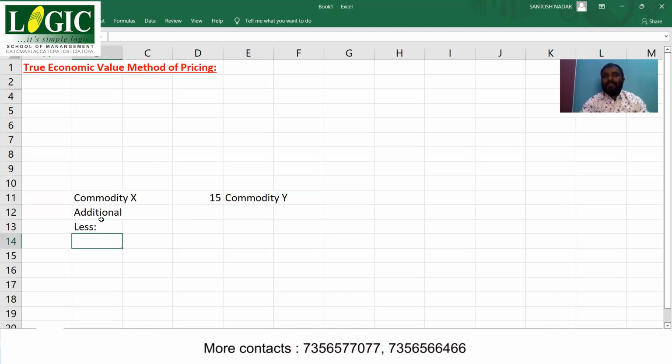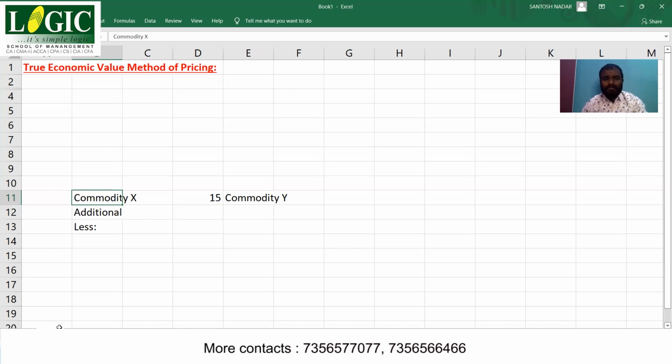The resultant price will be the price for my commodity Y. In simple words, I'm taking the base as the price of commodity X, and I will try to find out the differential between the values that my commodity possesses as compared to commodity X. That is what is called the true economic value method of pricing.